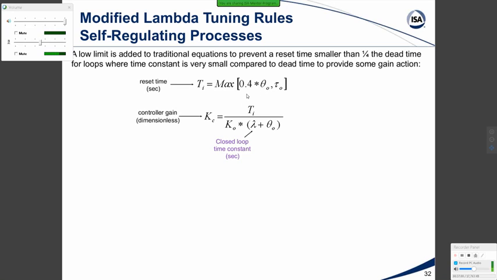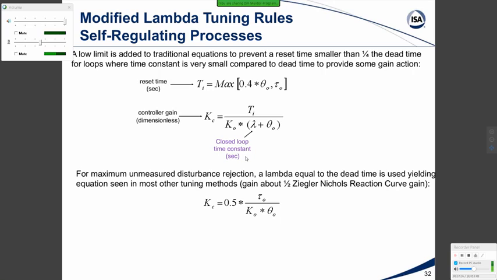So what I've done is modify the lambda tuning rules to take the maximum of that, so I'll never get into this integral-only type of control. If you plug this in, you end up with the tuning you would get by other tuning rules, where it still maintains some proportional control. And note that lambda is a closed loop time constant for a set point response.